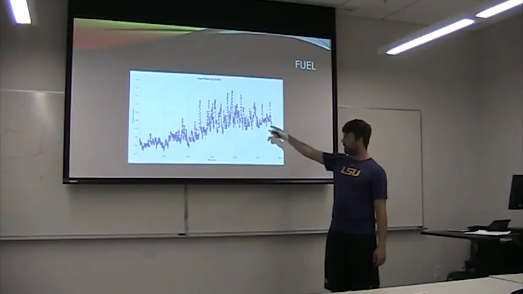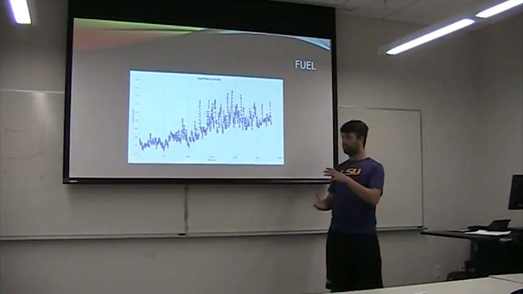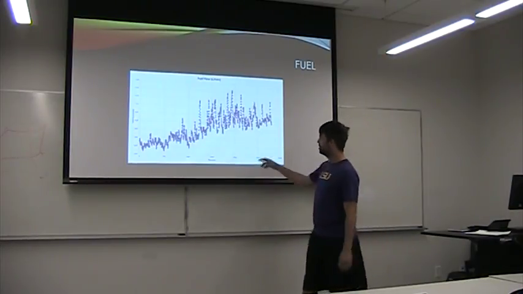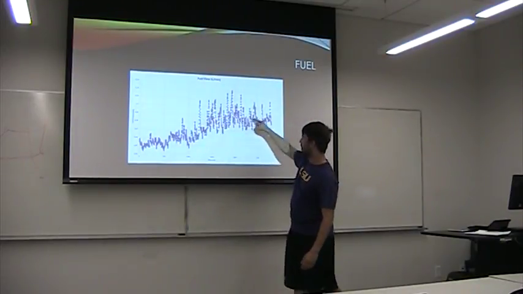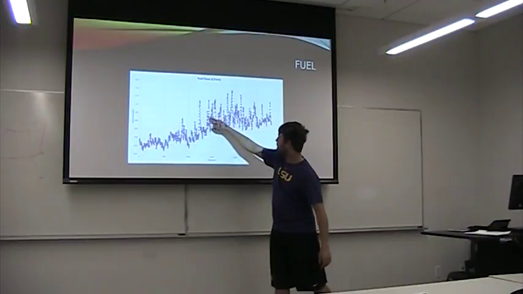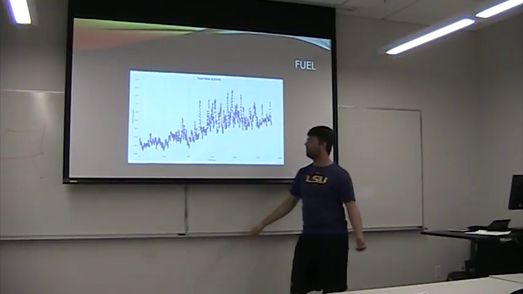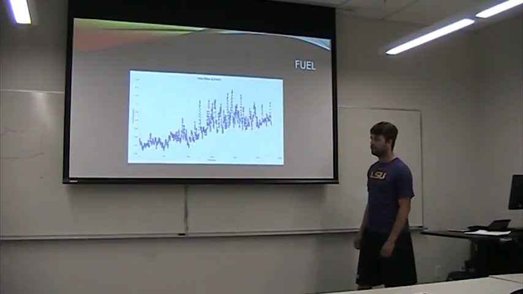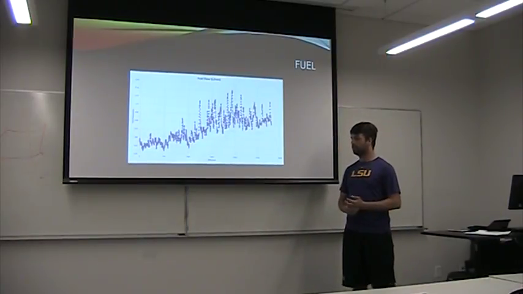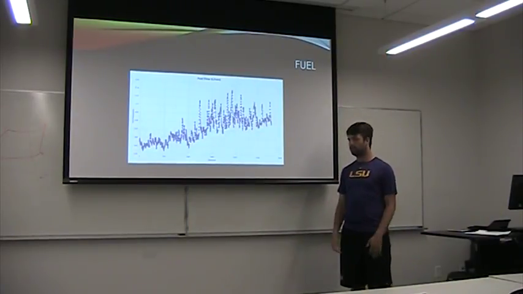I picked a steady state, which was around in here, because you can see it's more linear than over there. So I just picked a point somewhere in here. It came out to be like 5.685 or something, and I used that to calculate the Q added, which is what you need to calculate efficiency.